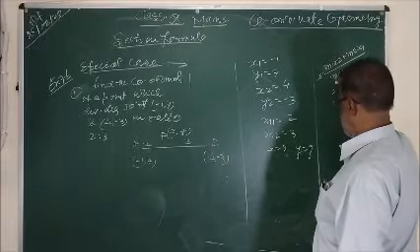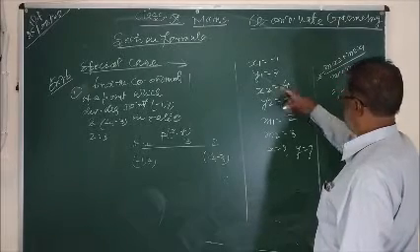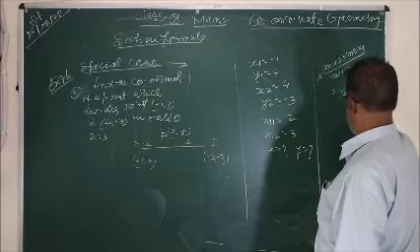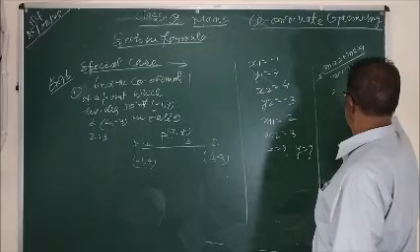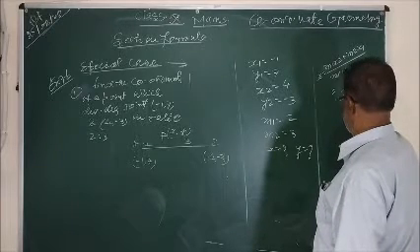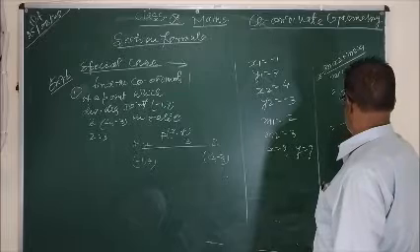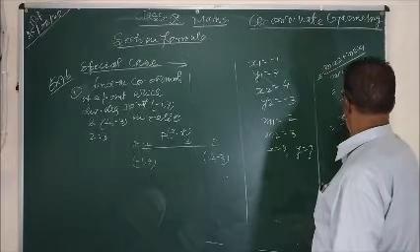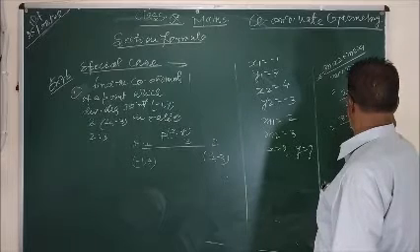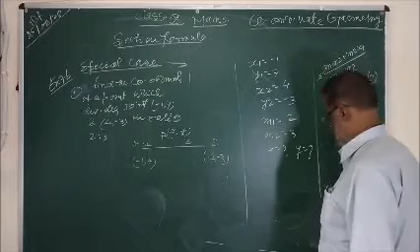Now you put the values: m1 is 2 into x2 is 4, plus m2 is 3 and x1 is -1, upon 2 plus 3. This is m1 plus m2. Here will be 5, this will be 8, plus minus 3, 5 by 5 is equal to 1.